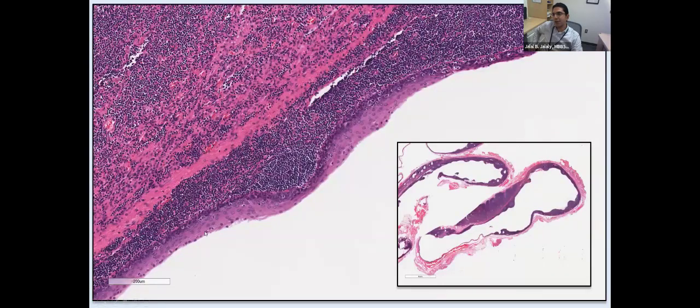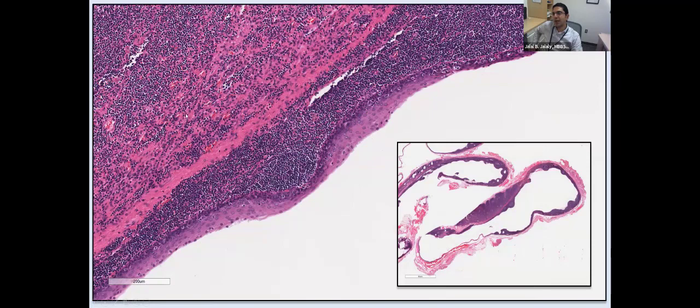Indeed, the surgical pathology excision of this cyst confirmed that impression, and you can see here that compared to the previous case, the squamous lining is nicely maturing, and you can see that by the fact that it's accumulating more cytoplasm as opposed to the basal cells, which have less cytoplasm.